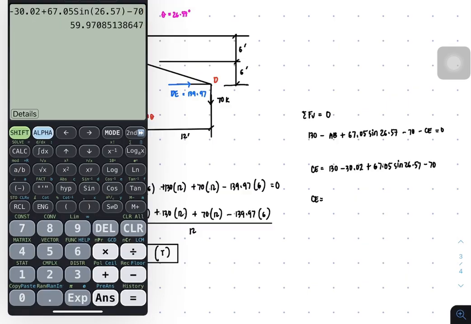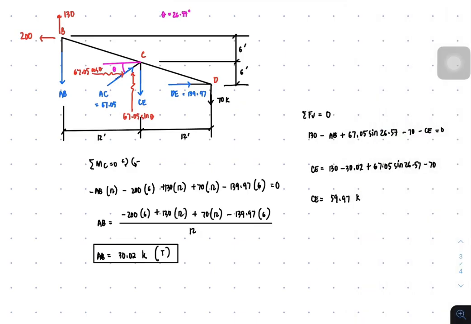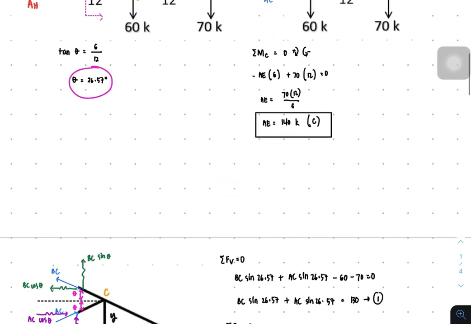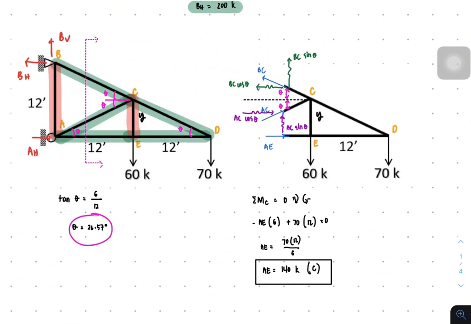So the answer is 59.97. 59.97 kips in our assumption. We obtain a positive value, so this must be in tension. So we now solved the last portion of the section.